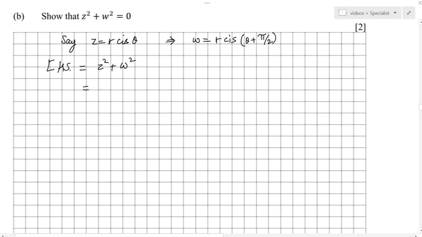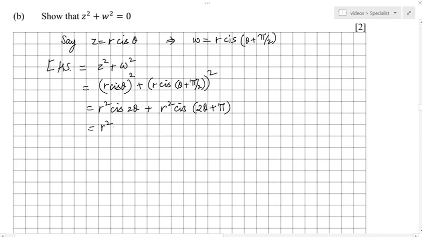So Z square is (r cis theta) square plus (r cis(theta plus pi over 2)) square. That gives you r square cis 2 theta plus r square cis(2 theta plus pi).